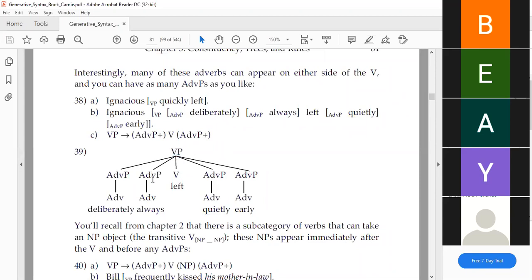So someone might ask, why do we have one branch for adp, another branch for adp? Why don't we have just one adp, and under this adp we have another adp, then add deliberately, then add always? Why do we need two?